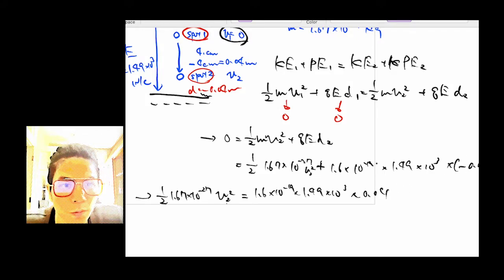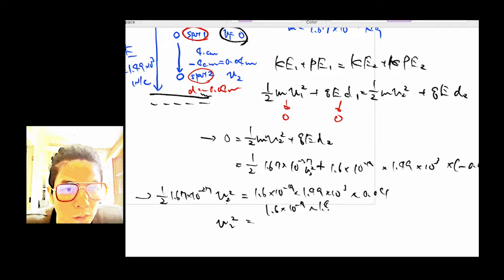We just moved this term to the other side. And now what we want to calculate is this v2, right? So let's make this equation simple.